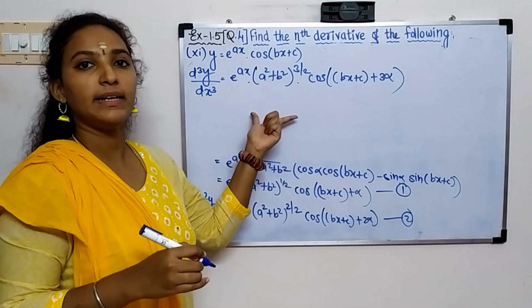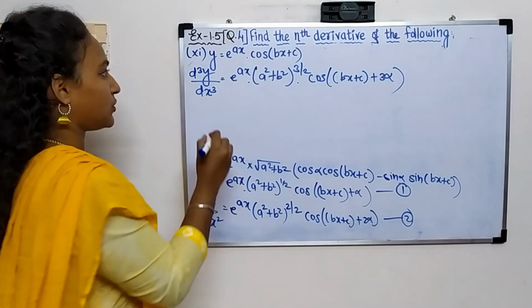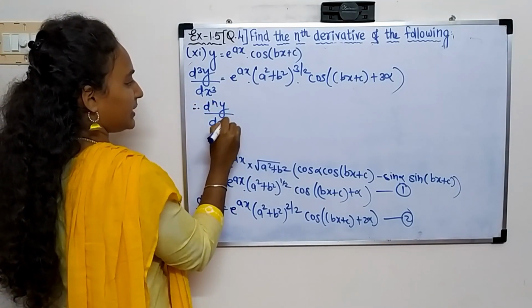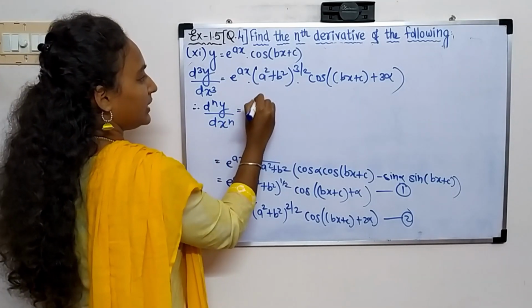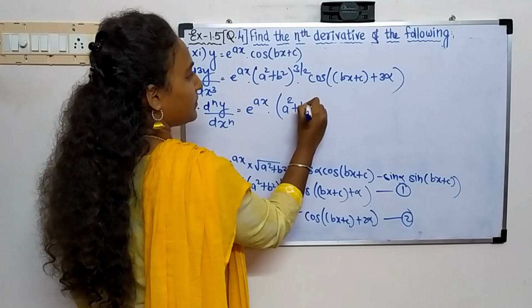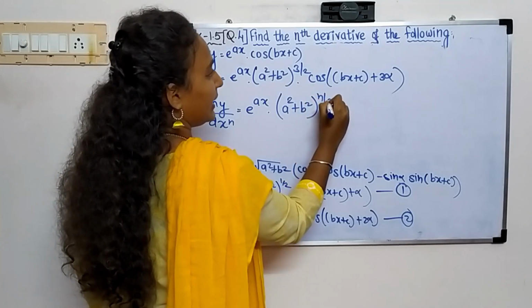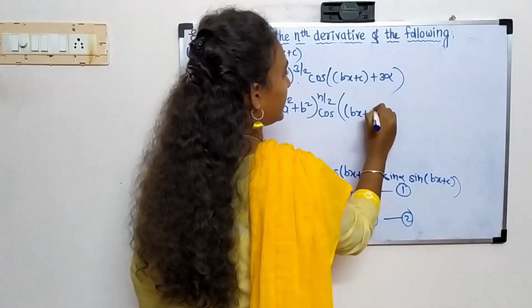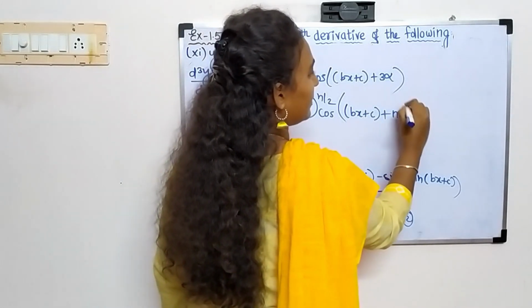Now we can calculate d raised to n y upon dx raised to n. Therefore d raised to n y upon dx raised to n is equal to e raised to ax into a square plus b square raised to n by 2, cos bx plus c plus n alpha.